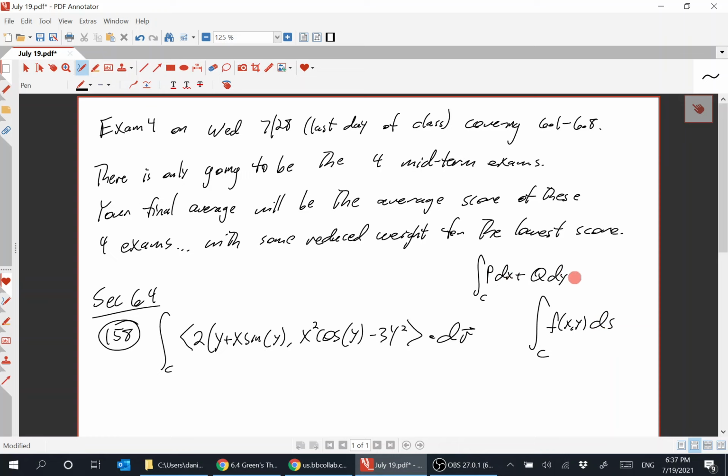It's the dot product of (P, Q) with (dx/dt, dy/dt) dt, like that. So that's the vector field, and that is r prime of t. Okay, so again, that's the vector line integral. Just a little notational discussion.